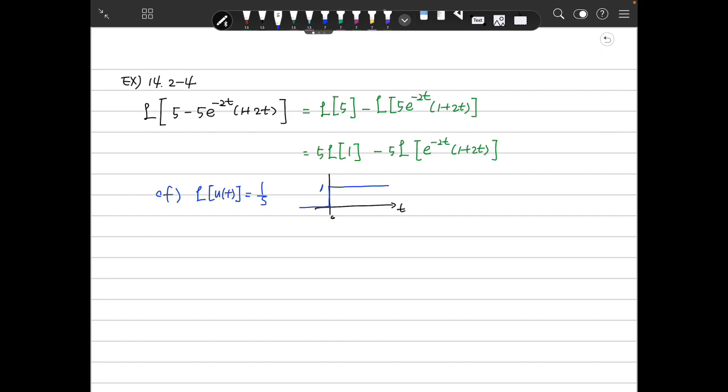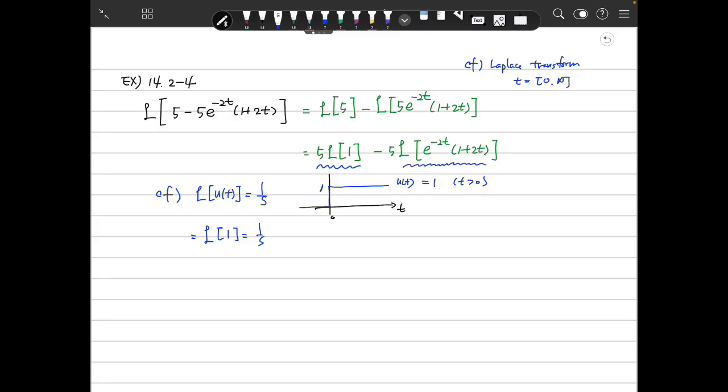In the Laplace transform, we are only concerned with the time span from 0 to infinity. So u(t) is 1 when t is larger than 0, which is the same thing as 1. Therefore Laplace of 1 is 1 over s. So that can be simplified.